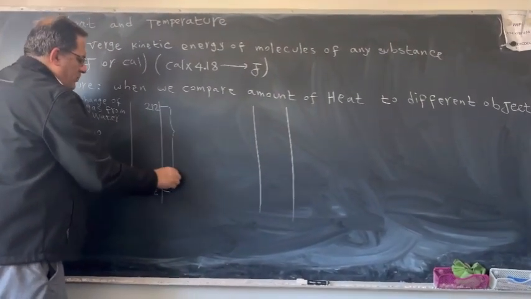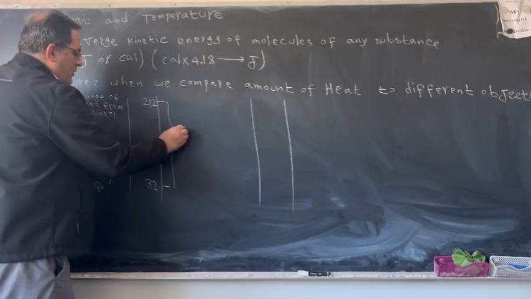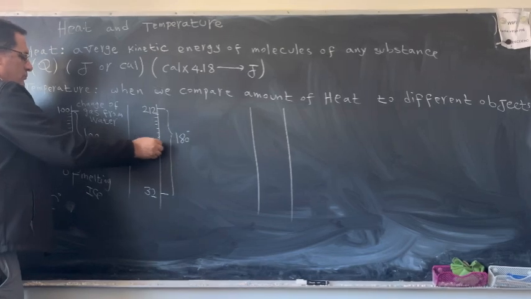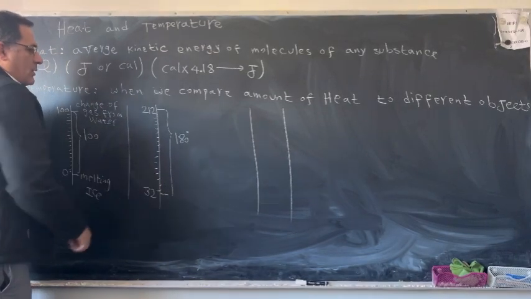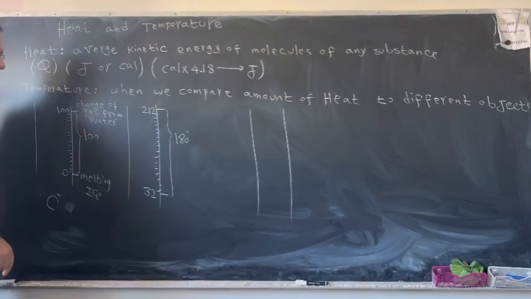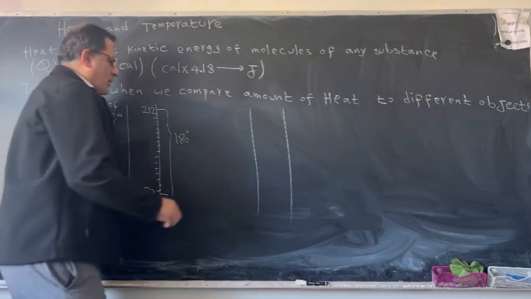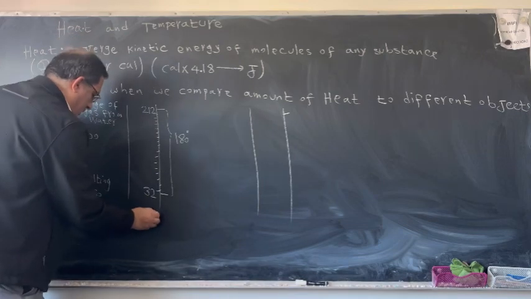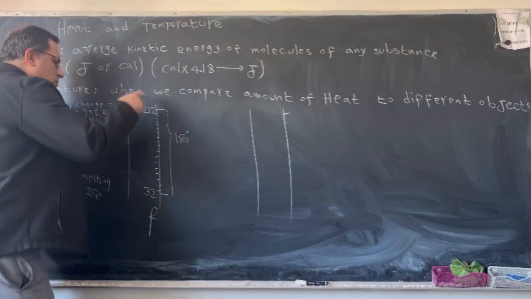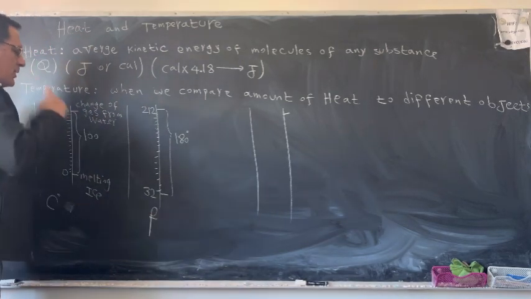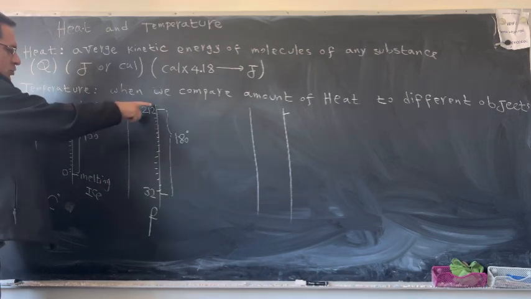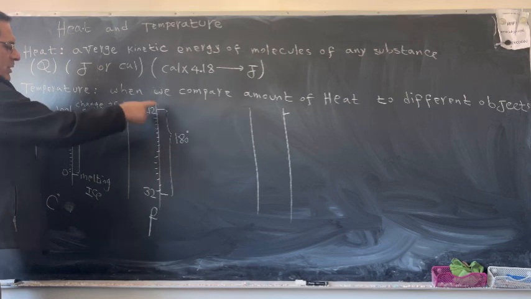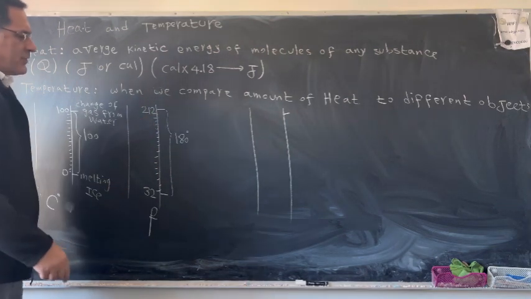Here, you divide between the 2 points into 180 parts. In most labs, you measure the temperature in Celsius because it is more accurate, used in different labs.